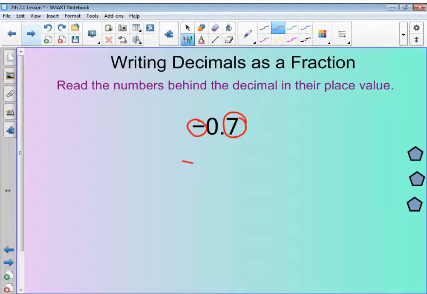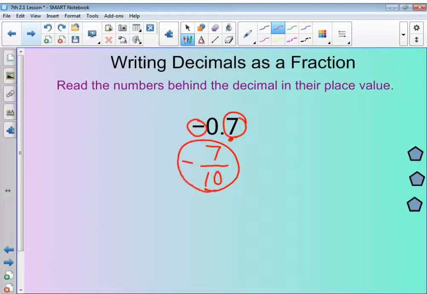So it becomes a 7 as my top number. And then to figure out the bottom number, well, there was only one number behind the decimal. So I'm going to have a 1 followed by 1 zero. Okay, this will always be a 1 on the bottom until we have to reduce. Sometimes then it changes. So this is my final answer, negative 7/10.